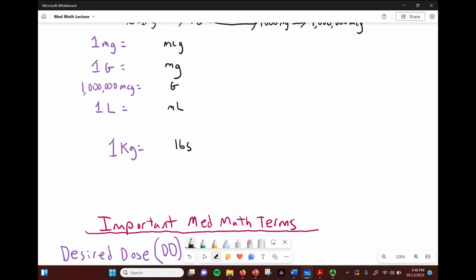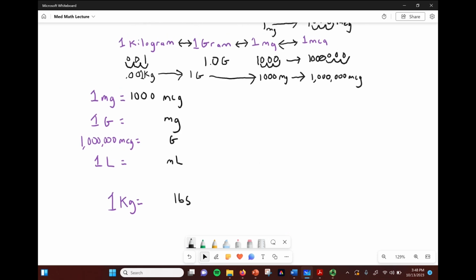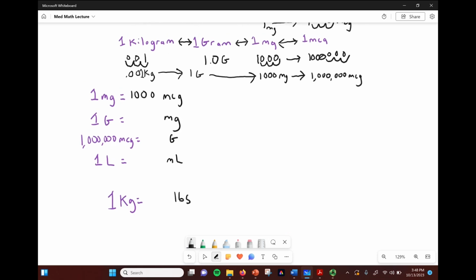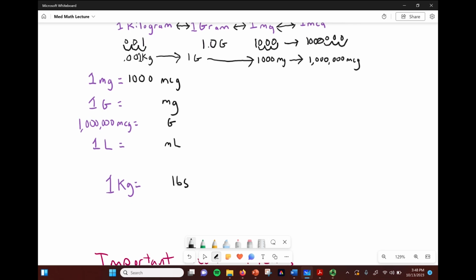As we just saw, 1 milligram is going to be the same as 1,000 micrograms. And if you see here, this is essentially the same problem. I just shifted over to this 1 milligram, or 1 gram to 1 milligram. So this is equally going to be just 1,000. 1 gram is 1,000 milligrams.